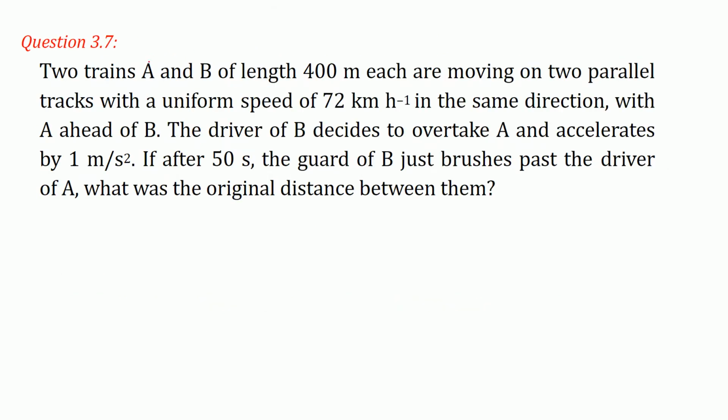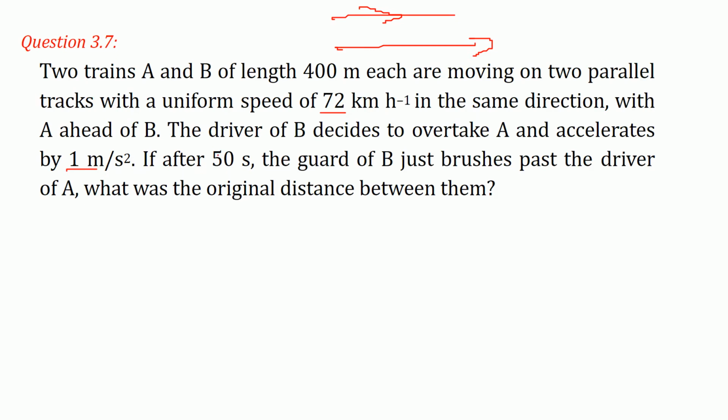Two trains A and B of length 400 meters each are moving on two parallel tracks with a speed of 72 km an hour in the same direction, with A ahead of B. So you can say that there are two parallel tracks, and one is moving like this, other is moving like this. The driver of B decides to overtake A and accelerates by 1 meter per second square.